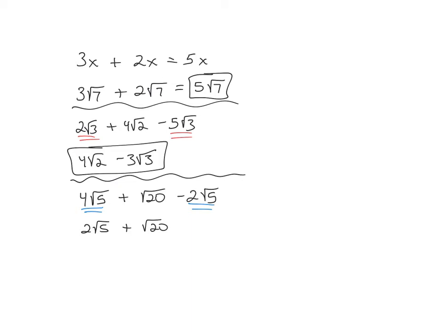So I think, again, I said it before, numbers that are less than 50, the best way to do it is just to say what times what is 20, okay, 10 times 2, 4 times 5, okay, but one of them has to have a square root, so I need to choose 4 times 5, because I break this apart, and then, I can do the square root of 4, which is 2. Okay, and then now I can finally, at the very end, combine them together.